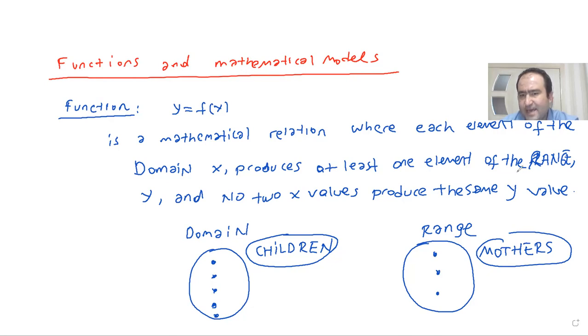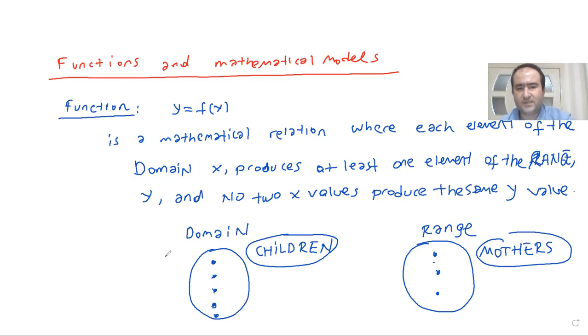But at least one element of the range. The important thing in this definition: one child can't have two mothers, okay? This is the important point.